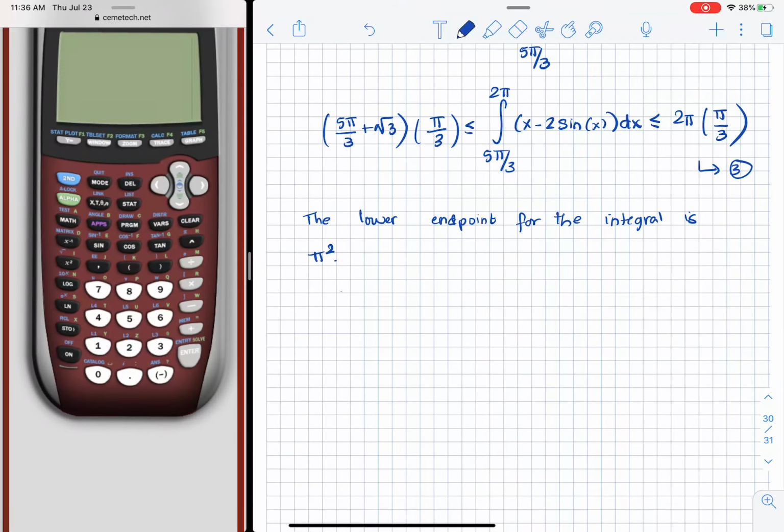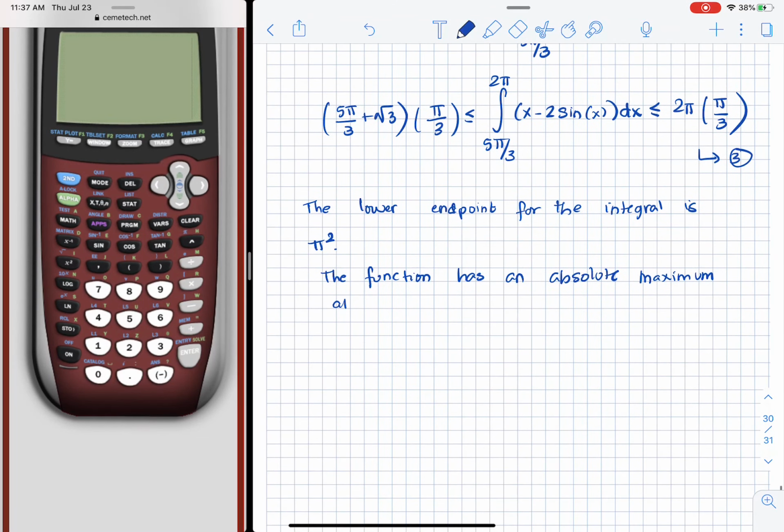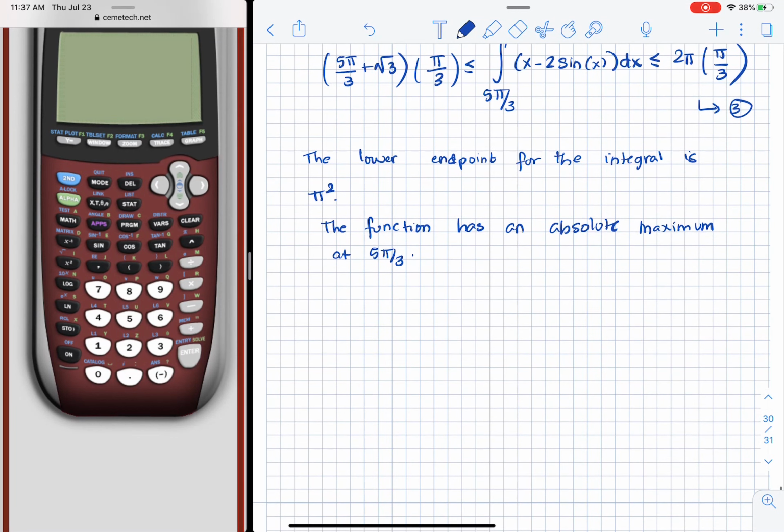But even though we can compare the inequalities to get that value, we can also realize that the function has an absolute maximum at 5 pi over 3, which would imply that f of x has to be less than f of 5 pi over 3 and greater than whatever value we have at pi, because f of 5 pi over 3 is the maximum value of the function.